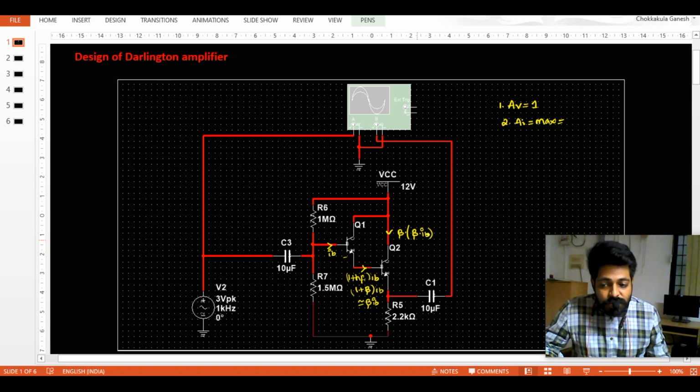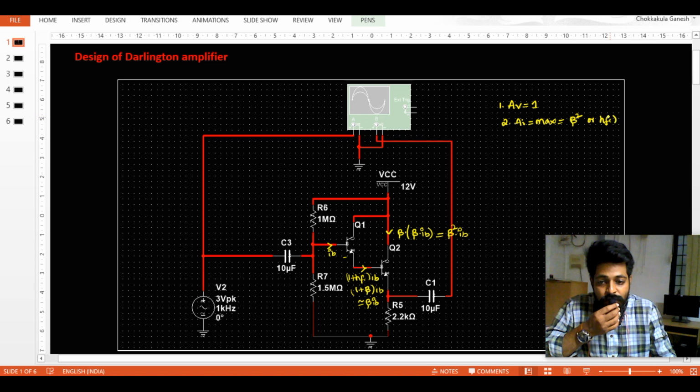It's around beta square times IB. So output by input, if you see, there will be HFE whole square or beta whole square. So I can say the current gain is nothing but beta whole square or HFE whole square. That's what I have to verify.